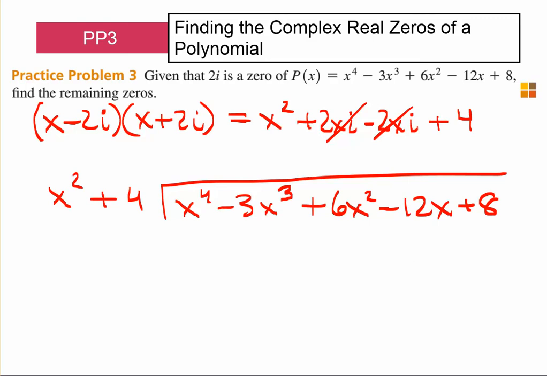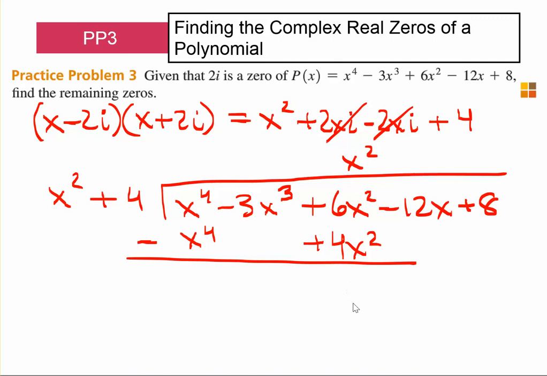It says find the remaining zeros. All right, let's go for it here. What number times x squared gives you x to the 4th? That'd be x squared. X squared times that gives you x to the 4th. 4 times x squared gives you a positive 4x squared. And we subtract everything out.